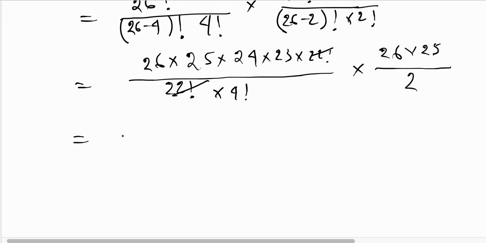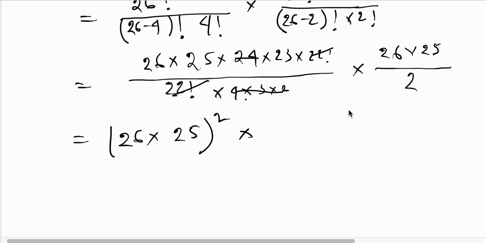So this is actually 26 into 25 squared into 24 by 4 factorial, and 4 factorial means 4 into 3 into 2, which is actually 24, and 23 by 2, so that's that.